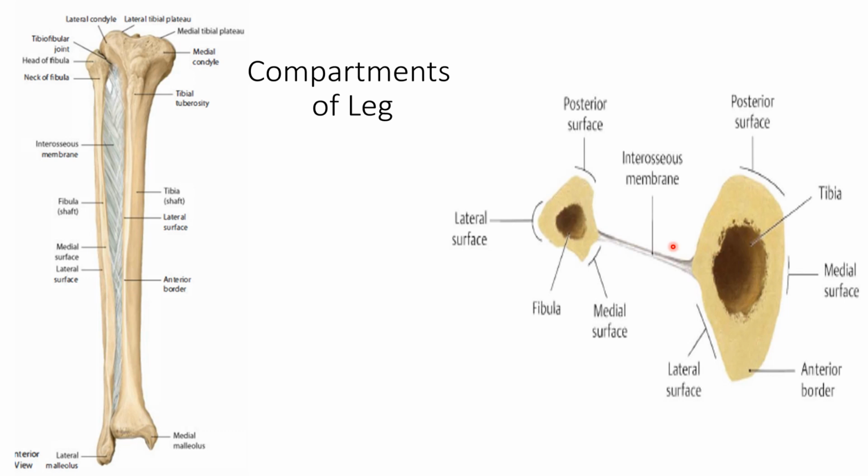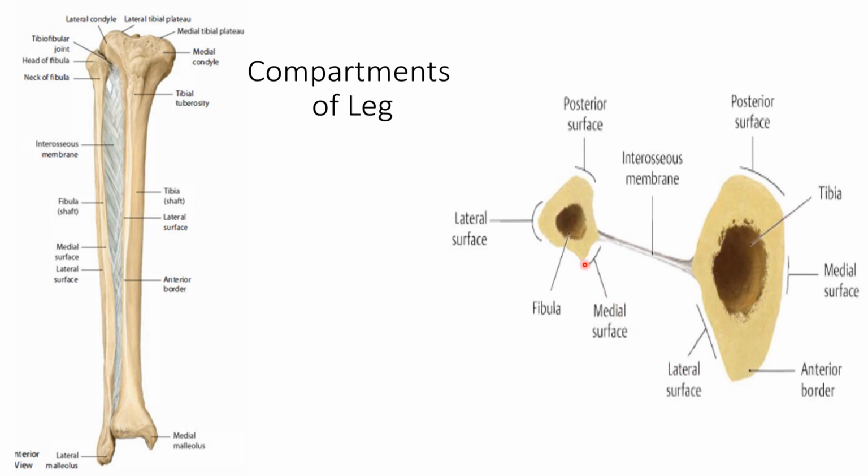Both bones are roughly triangular in section, and they are interconnected by the interosseous membrane, attached to their interosseous borders. This is the interosseous border, and this is the anterior border and the posterior border of the fibula. This is the anterior border of the tibia, and this is the posterior border of the tibia.